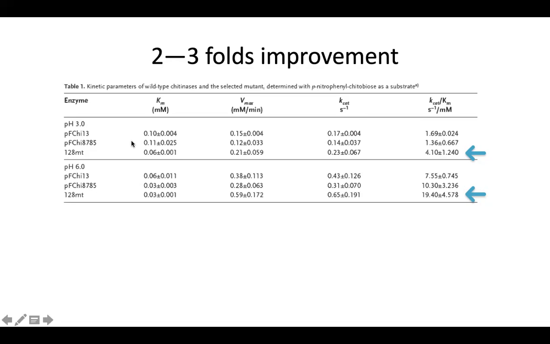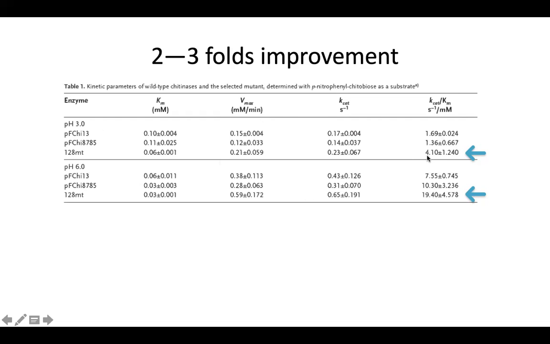So these are the two genes: the original enzyme, the gene of the enzyme that I did mutation on, and these are the two mutants. This is the mutation that my master's student selected, and that shows some improvement. Okay, it's only four-fold improvement from the original enzyme at pH 3, and about twofold improvement at pH 6.